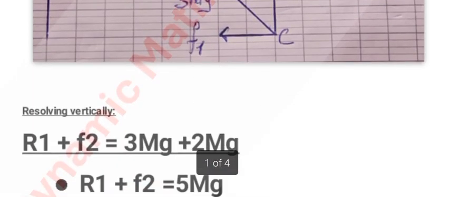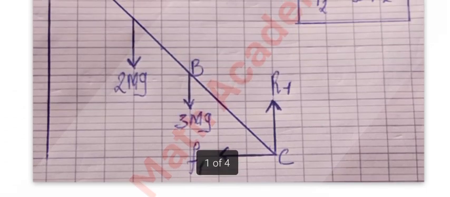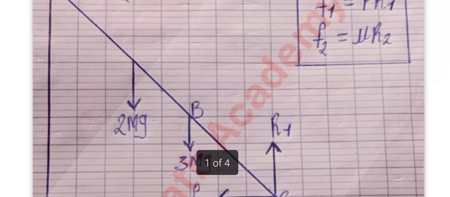Now, when solving a ladder problem, we always have three basic steps: resolve vertically, resolve horizontally, and take moments or torque. So let us start by resolving vertically.